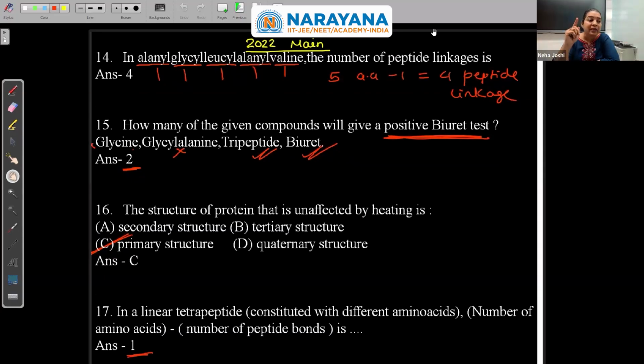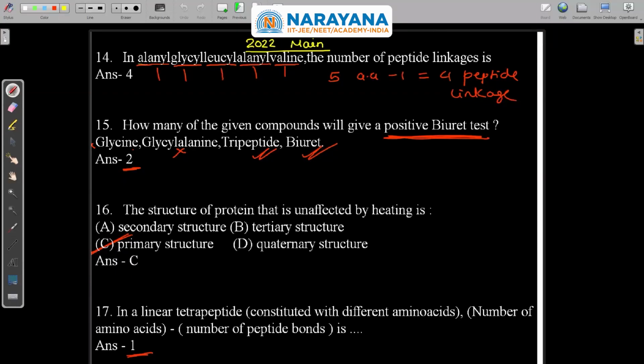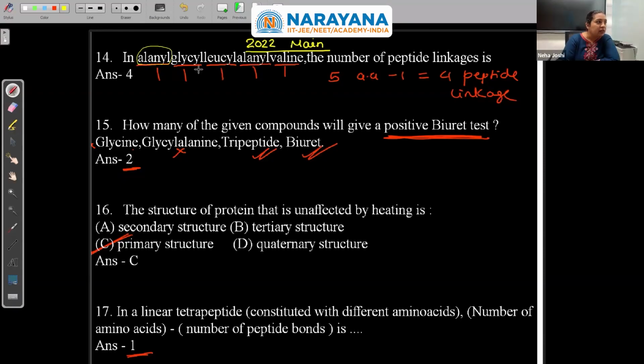I told you peptide linkages are the number of amino acids minus 1. So whatever they are giving, see, I'm marking alanine, glycine, leucine, alanine again, valine. So how many amino acids? 1, 2, 3, 4, 5.